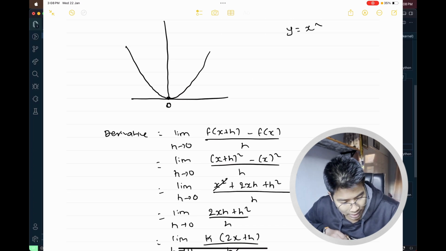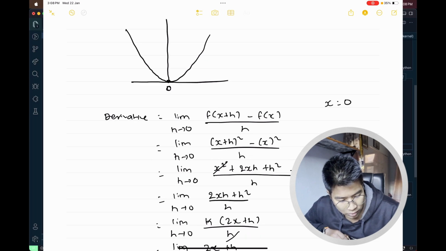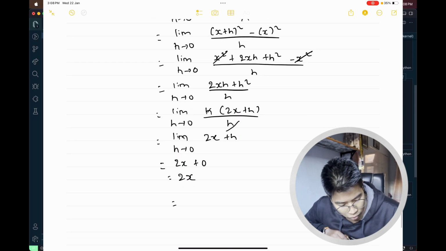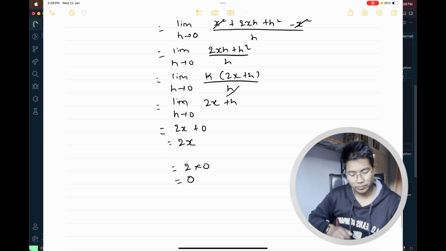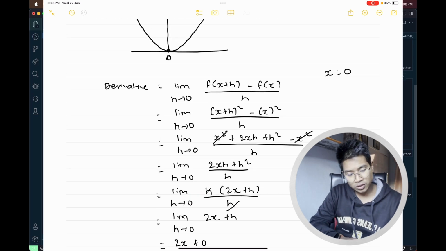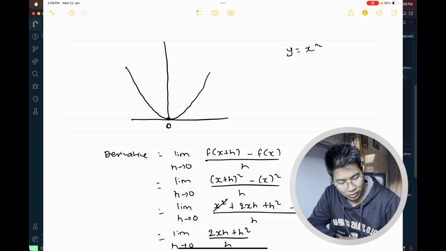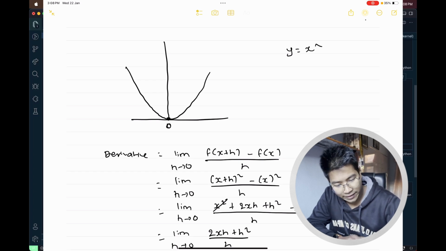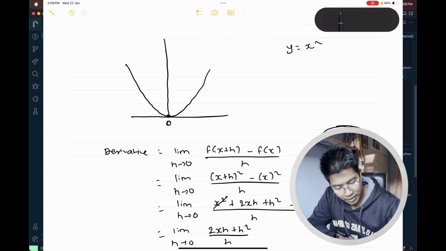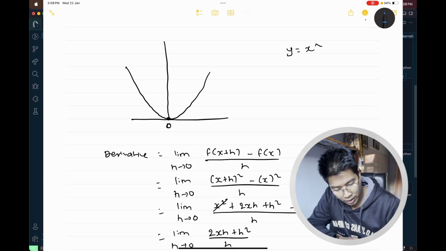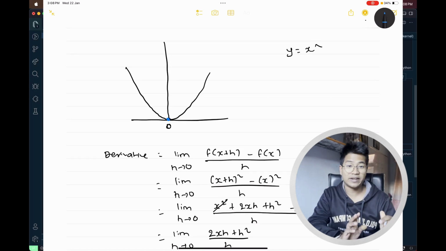And you're saying that your x is 0, so your derivative should be 2 times 0, which is 0. Wow. Okay, so at this point x is 0, your derivative also happens to be 0.